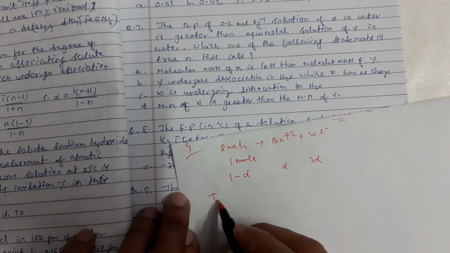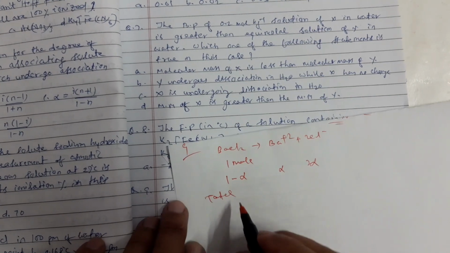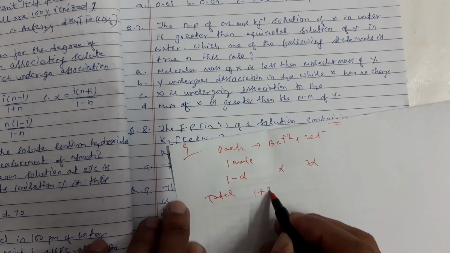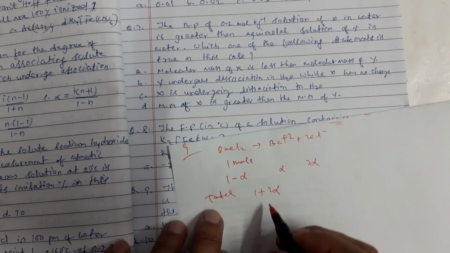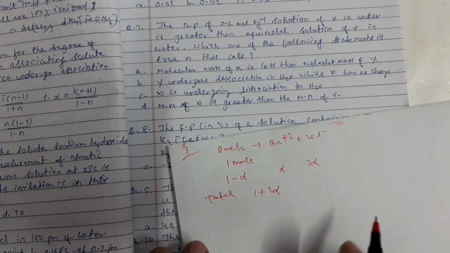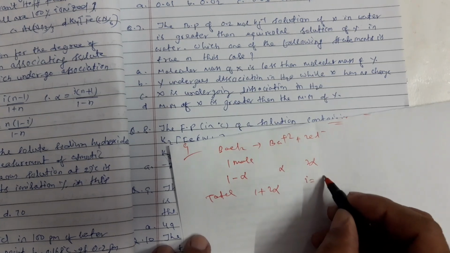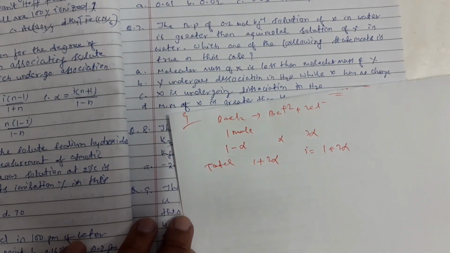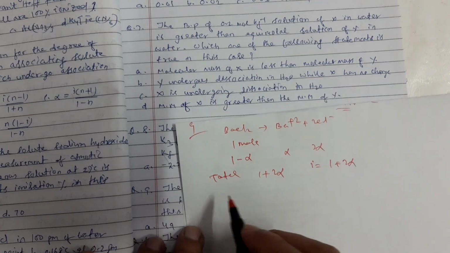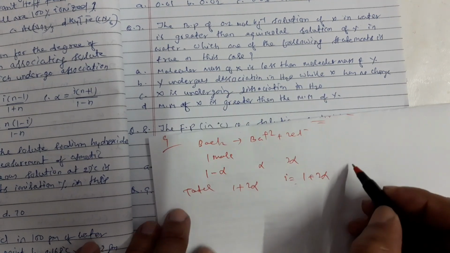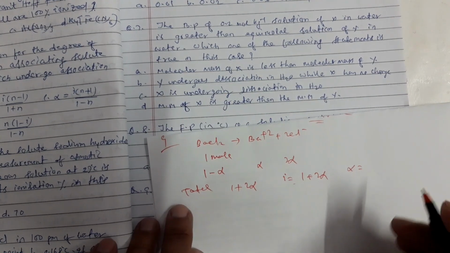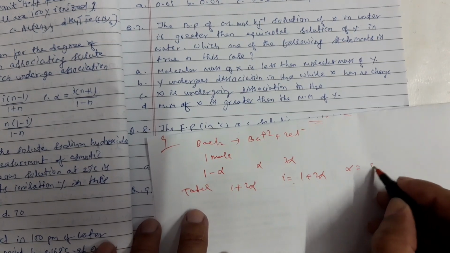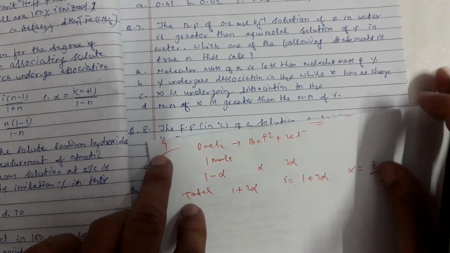So total 1 plus 2 alpha. So i is equal to 1 plus 2 alpha. Therefore alpha is equal to i minus 1 by 2.